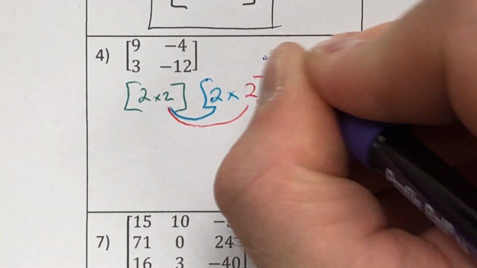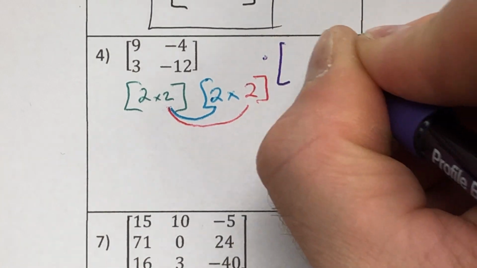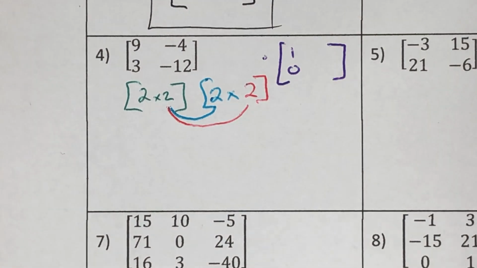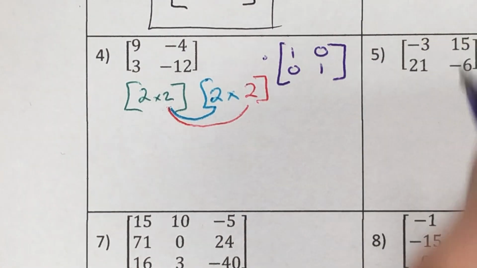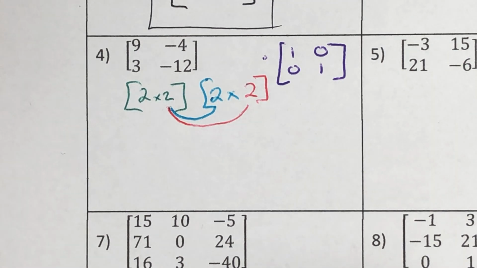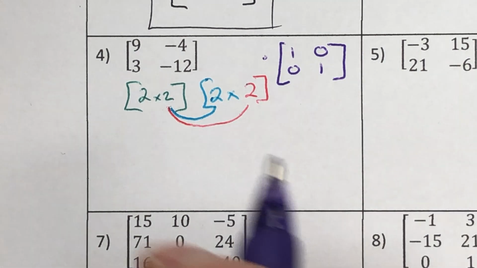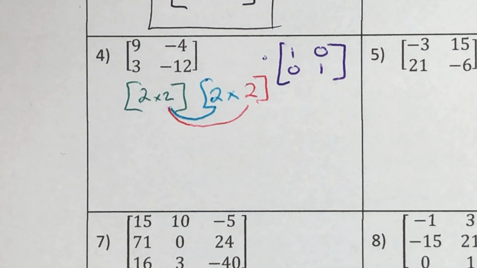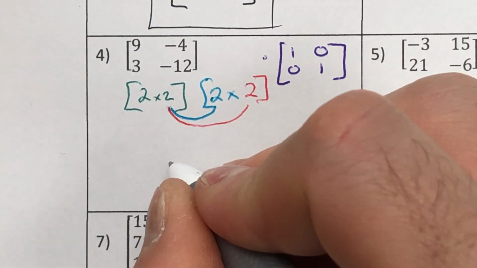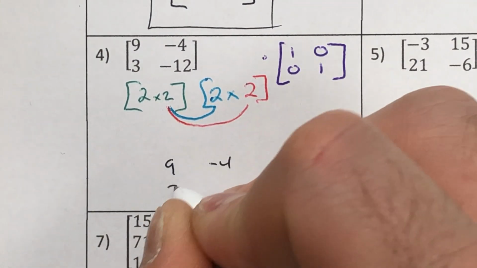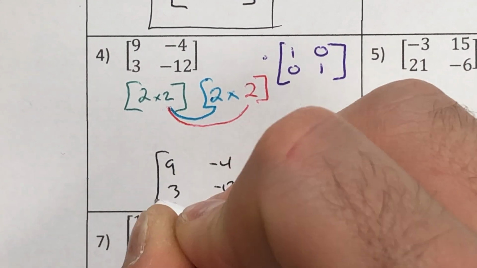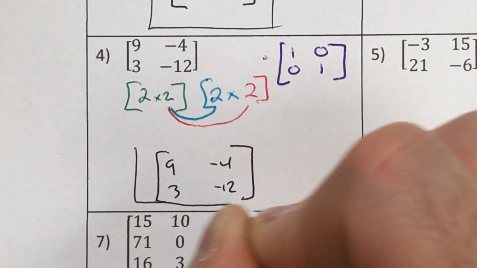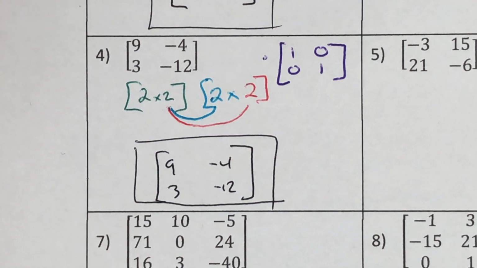So I'm going to multiply that matrix times a 2 by 2 matrix where I keep the first thing, get rid of the second, and keep the second and get rid of the first. If I find the dot product between those, what you'll find out is that you will get a 9, negative 4, 3, negative 12. Boom, as your answer.